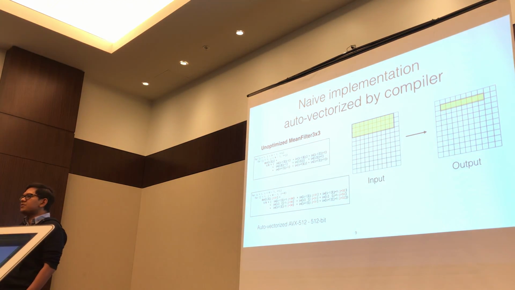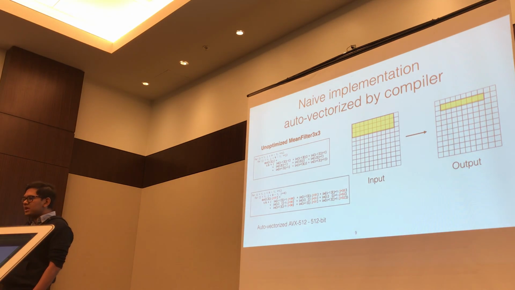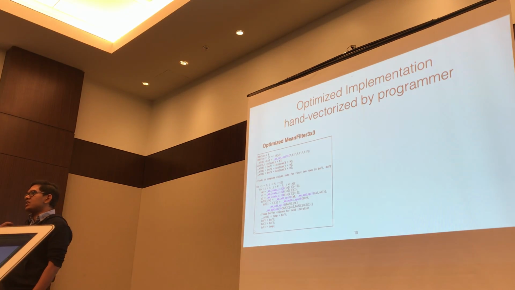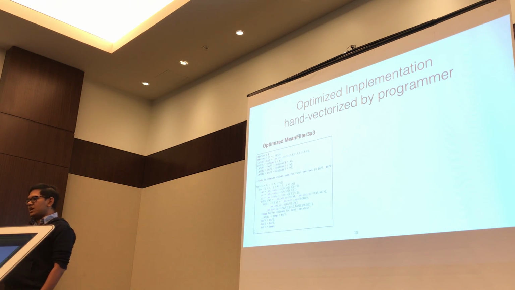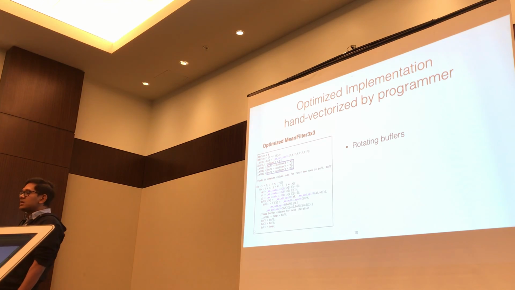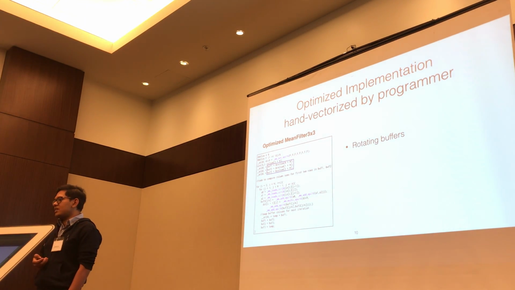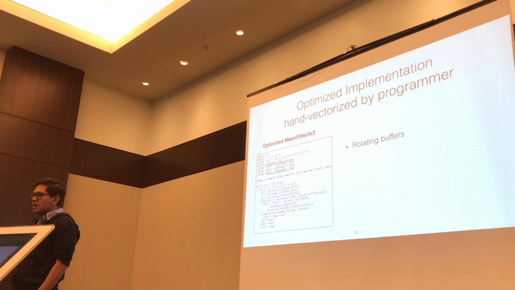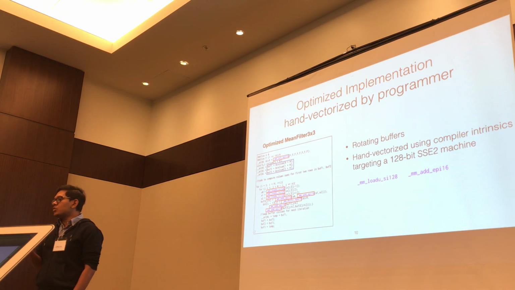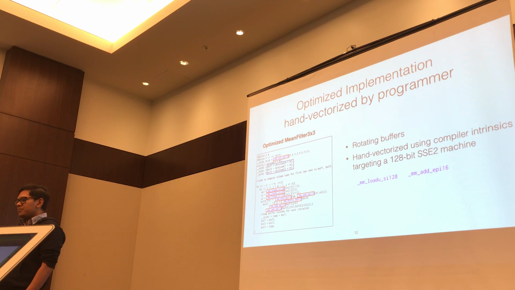However, if the same specification is given to an experienced programmer, he would generate an optimized piece of code. Among the optimizations that he does, he can eliminate redundant computation by using rotating buffers. And the thing that we are more interested in is that he will use plenty of vector intrinsics to hand vectorize this code.